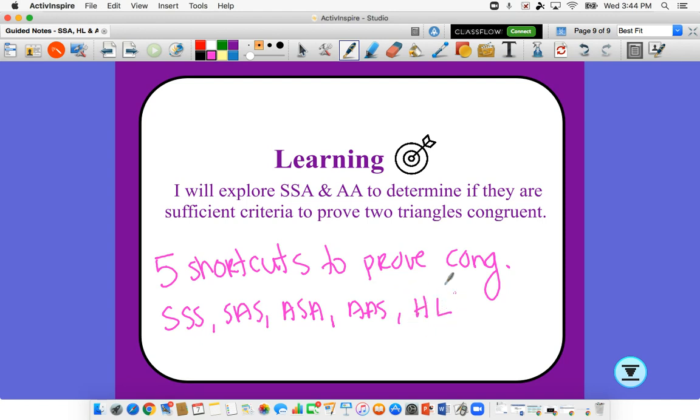And remember, HL only works for a right triangle. But again, just because you have a right triangle doesn't mean you go right to using HL. Investigate. Don't assume, really analyze what you have. And those are our 5. If you are trying to prove congruence, let's say you didn't have a multiple choice question. Every single question can be a multiple choice question.